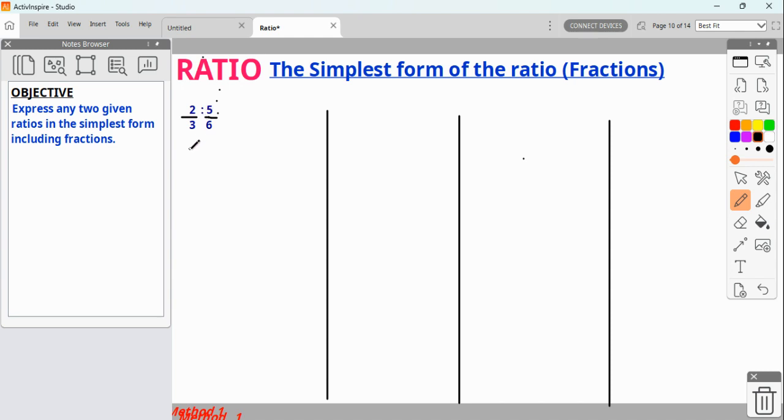So 2 by 3. We know very well ratio means comparison by division.